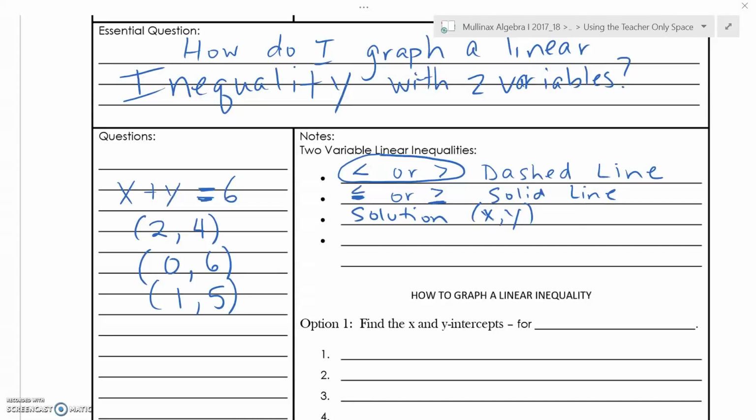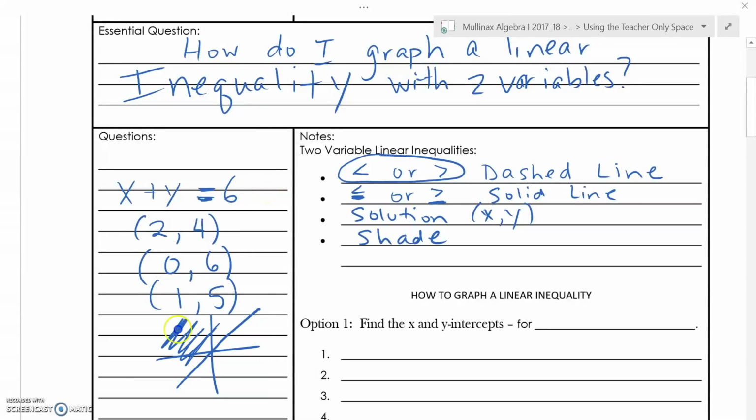The other way that we're going to show solutions in an inequality is we are going to shade, because you have a boundary line that divides a coordinate plane. Points on the line make the equation equal.